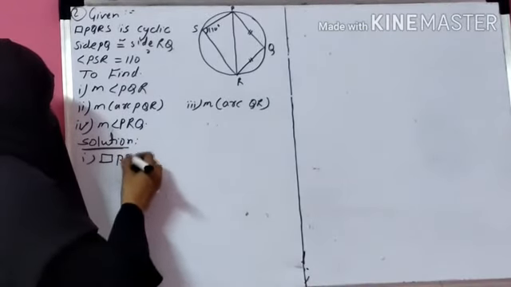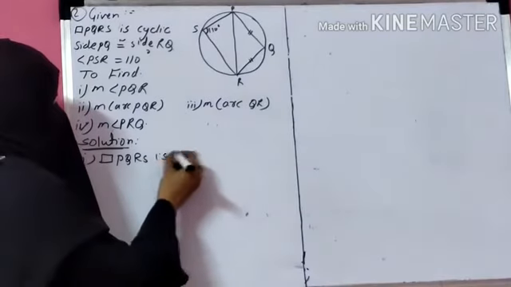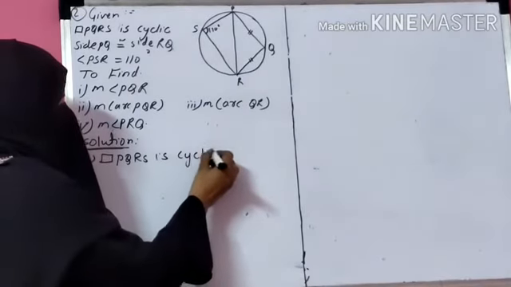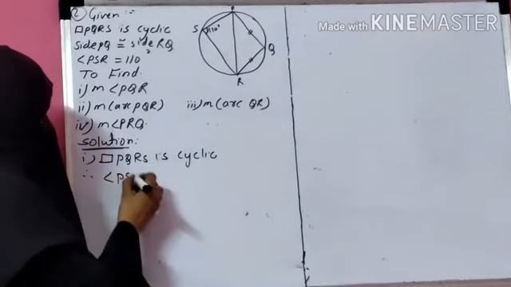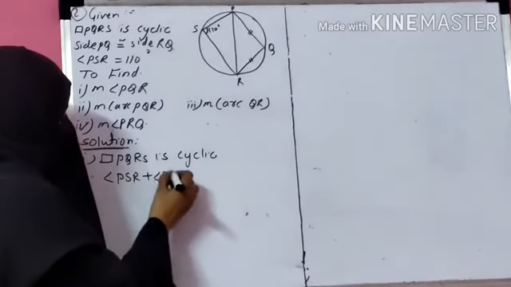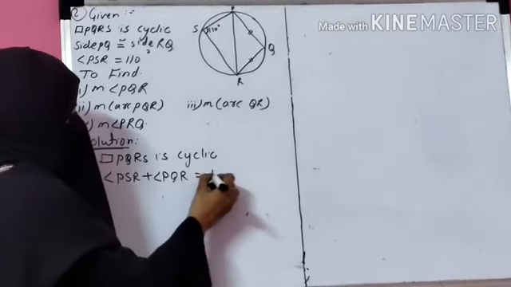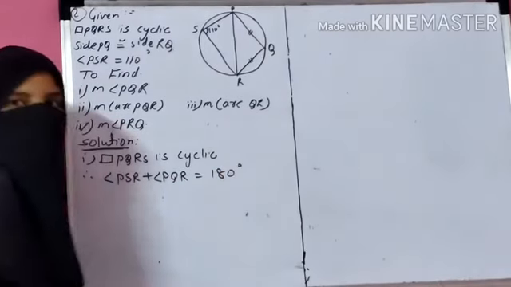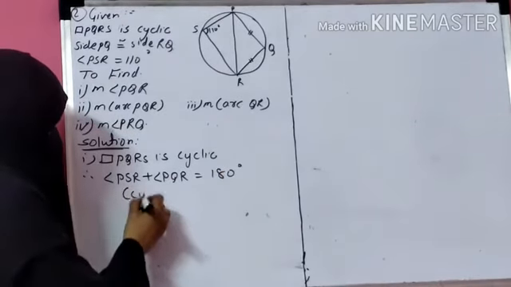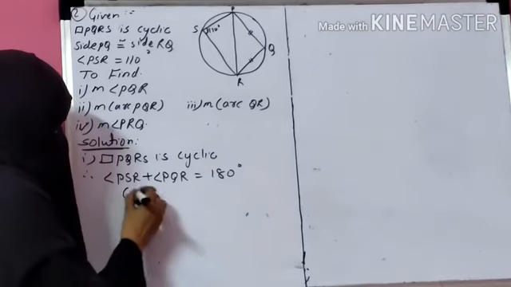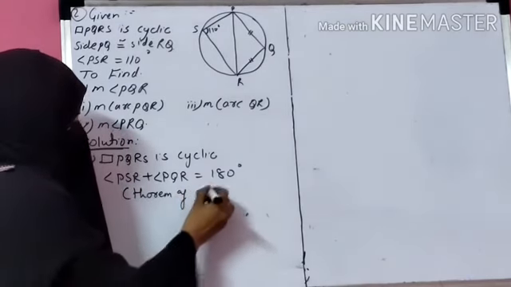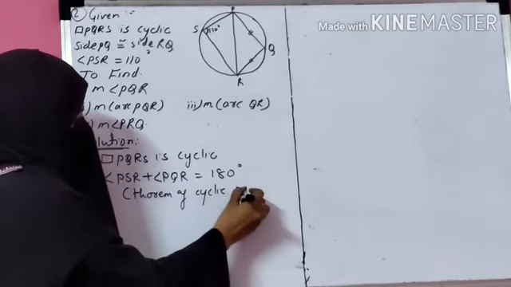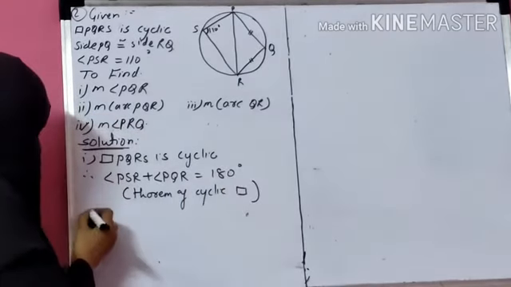So let's start the first one. Quadrilateral PQRS is cyclic. Therefore angle PSR plus angle PQR is equal to 180. Reason: theorem of cyclic quadrilateral. Now substitute the value.